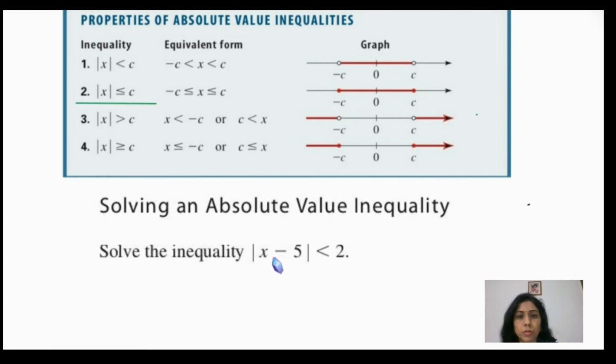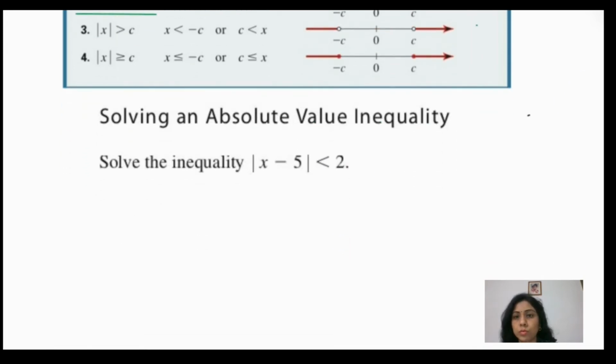So what is the c value? Can you compare this? The c value is 2, so minus 2 less than x minus 5 less than 2, where this is minus c and this is plus c, around the absolute value expression.